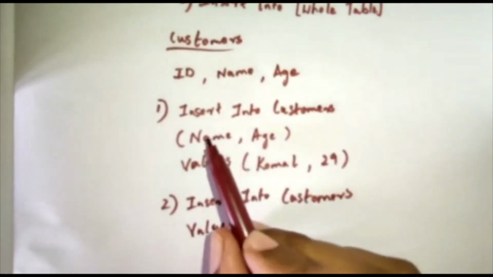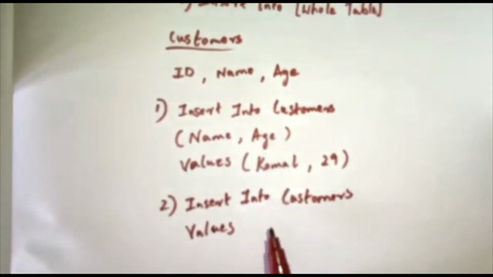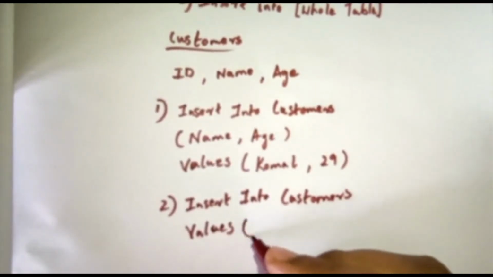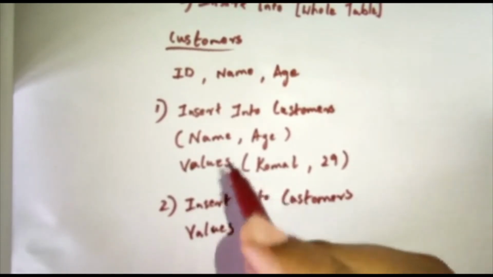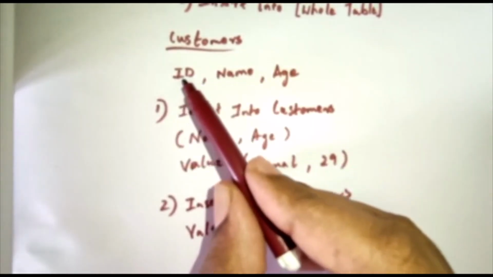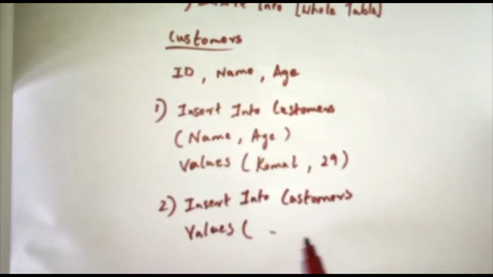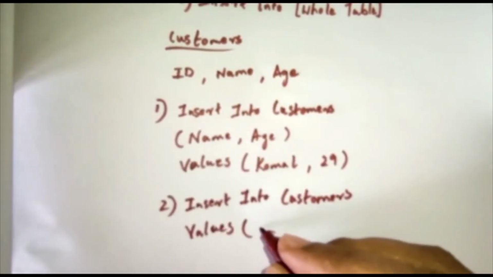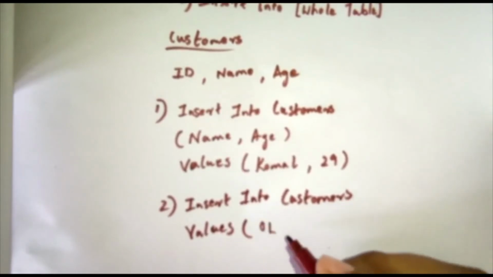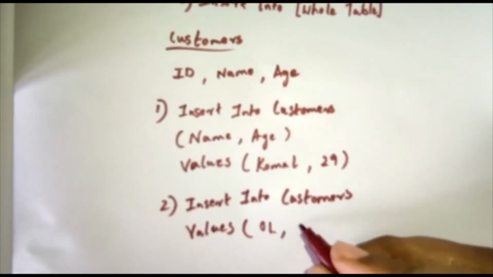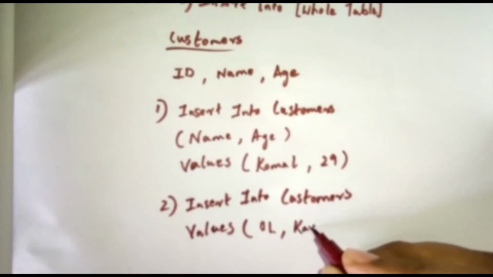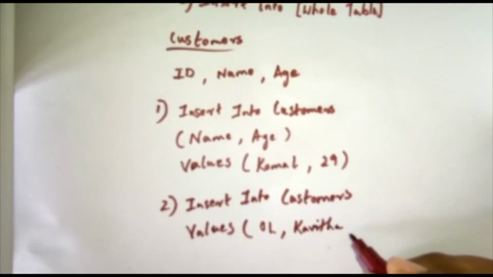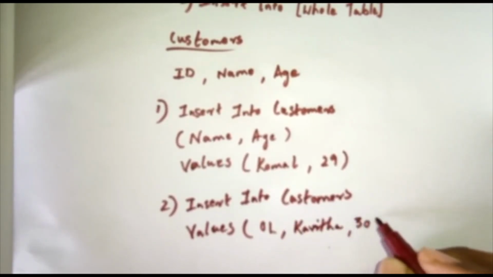Instead of specifying the column names, directly you can give the values. But while giving them, we should ensure that all the columns are given proper values in the proper order. So first is ID. I'll give ID as 01 and name as Kavita, and the age as 30.